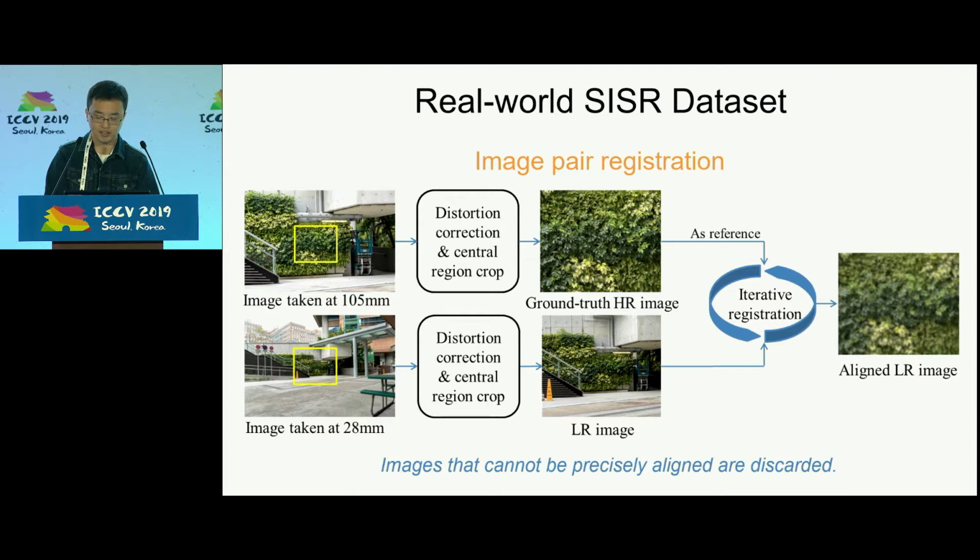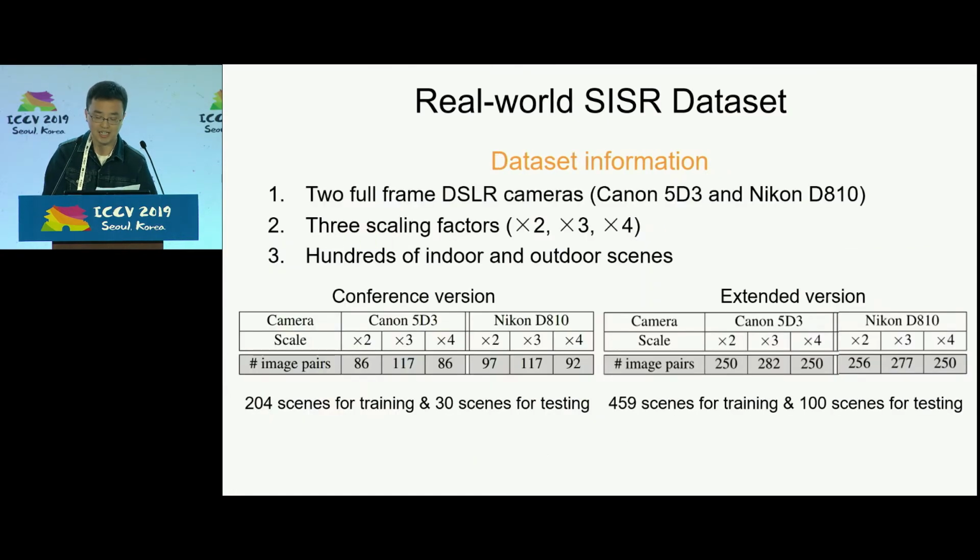The LR image is registered from the image taken at a smaller focal length. We develop a pixel-wise registration algorithm which iteratively estimates the luminance adjustment parameters and the affine transformation matrix. Finally, images that cannot be precisely aligned are discarded.